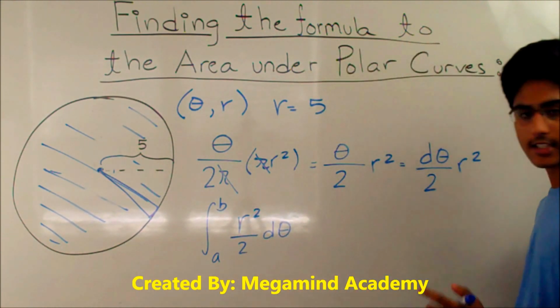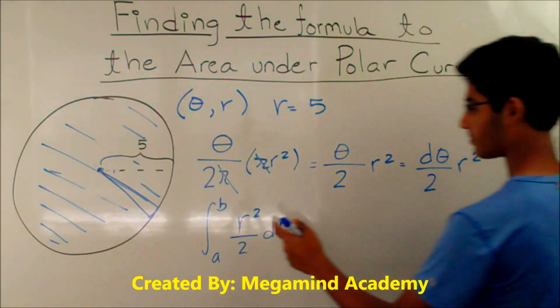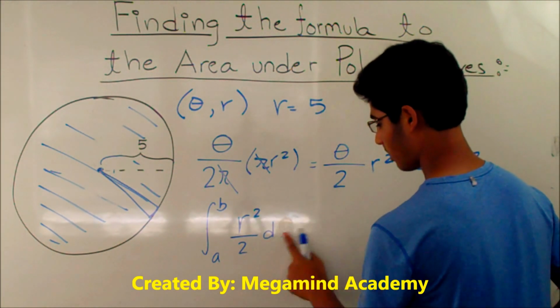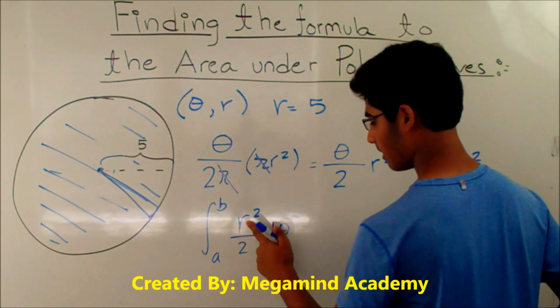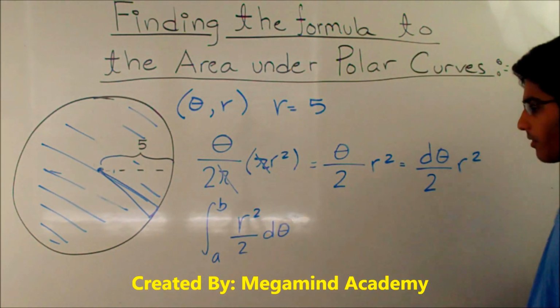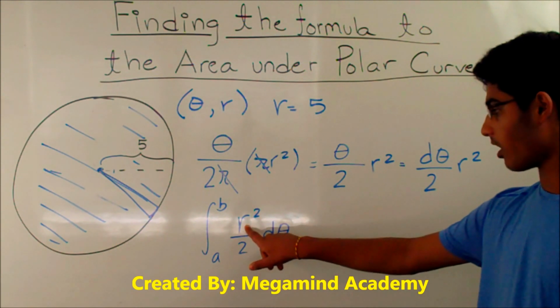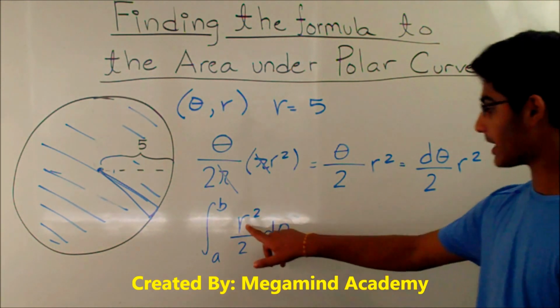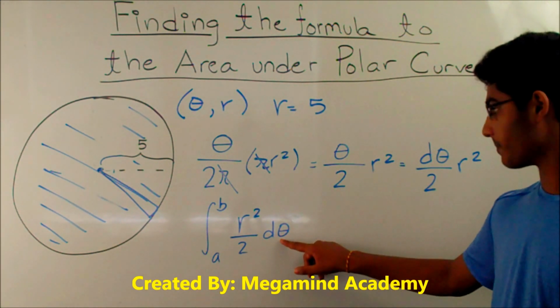So now we can solve this integral because, or it should have been d theta. And we have r squared over 2 d theta. Now we can't really solve this integral right out of the box, right? Because we have r here, but we're trying to solve the integral in terms of theta.